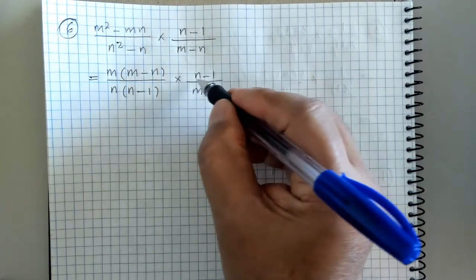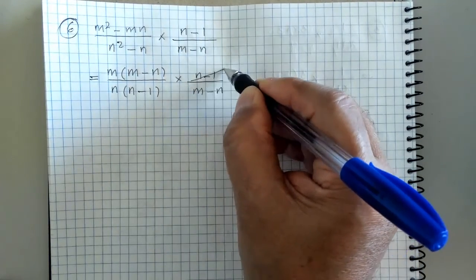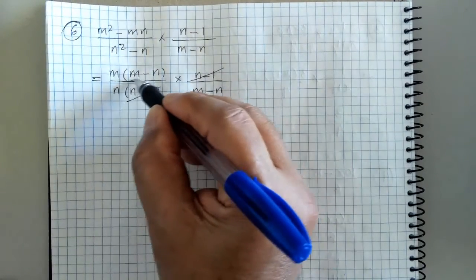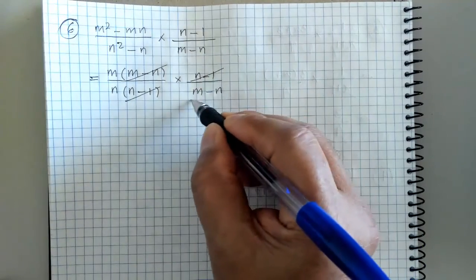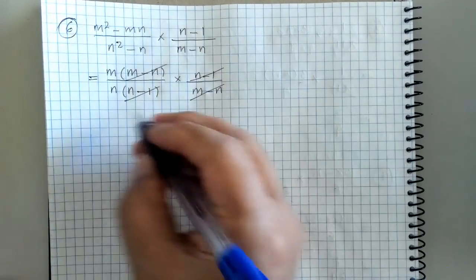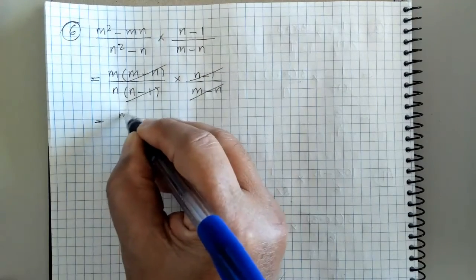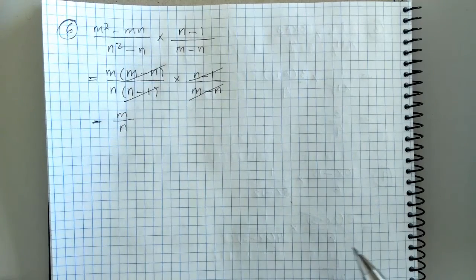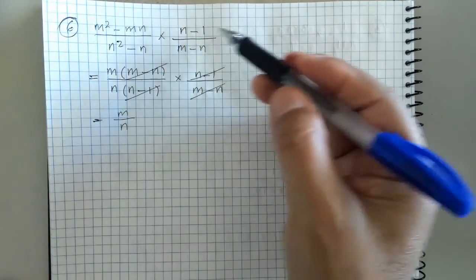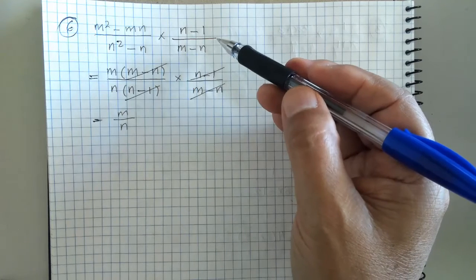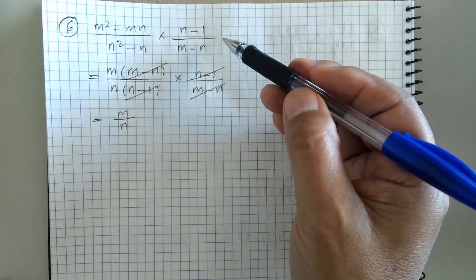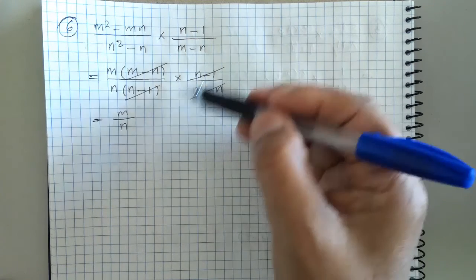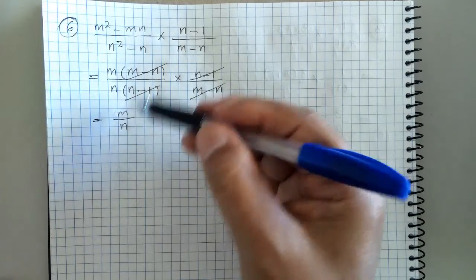We can get rid of this with this, but also we can get rid of this with this. So at the end, the answer is just m over n. That's it. Sometimes it looks very strange, ugly, but after simplifying, you can see that this is equivalent to that.